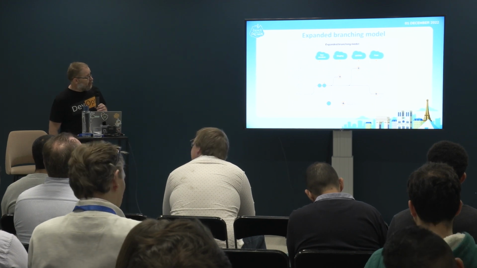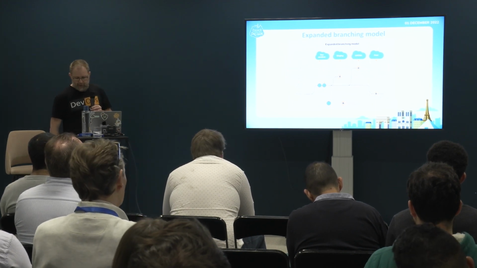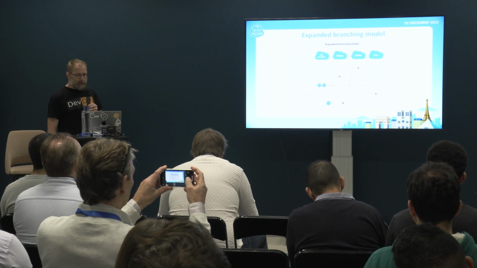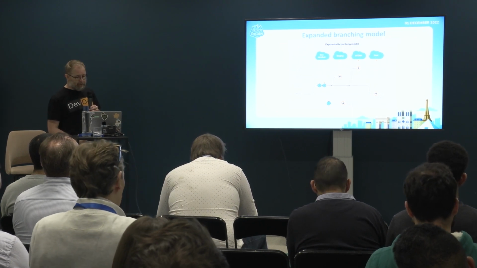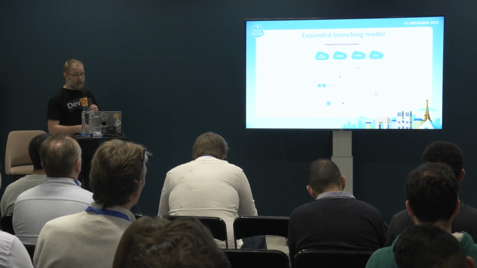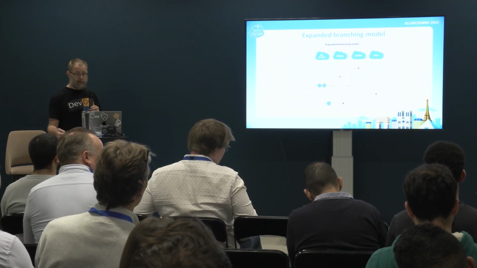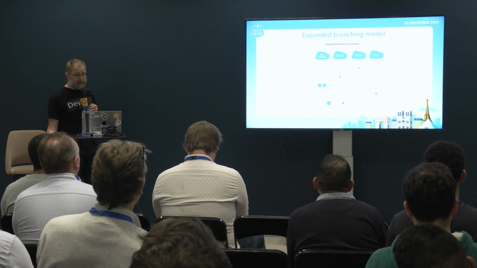we introduce what we call the expanded branching model. And I know that a lot of teams will use this approach. So this model adds a few extra long-lived branches which correspond to your Salesforce tools, your integration, your UAT, your QA environment.